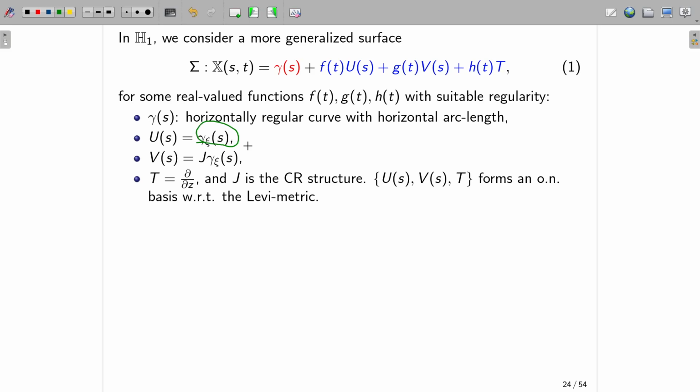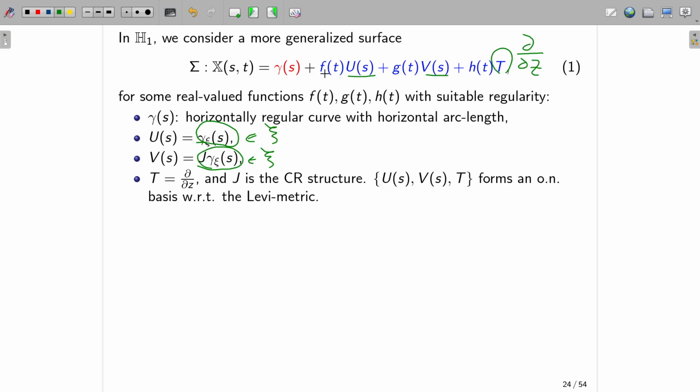We make a decomposition of the tangent vector, and this is the part on the contact plane. V is the vector obtained by rotating the previous one, u, by 90 degrees, so it's still on the contact plane. So now we have u and v, both on the contact plane, and t is just the normal direction.